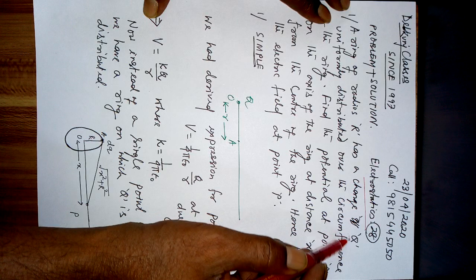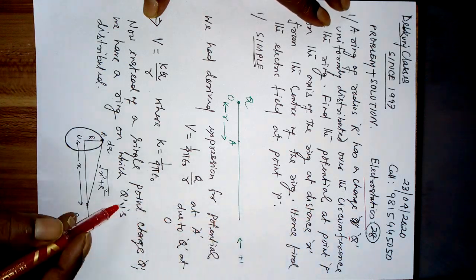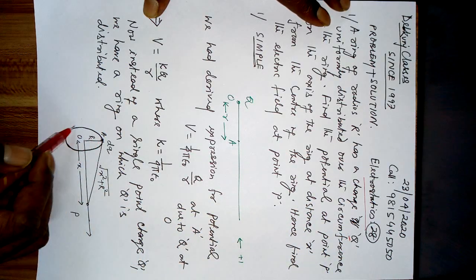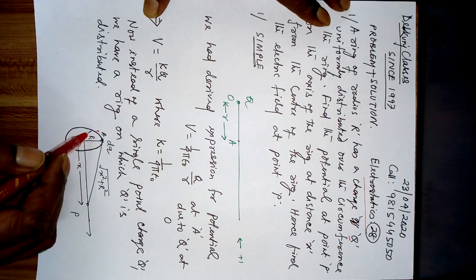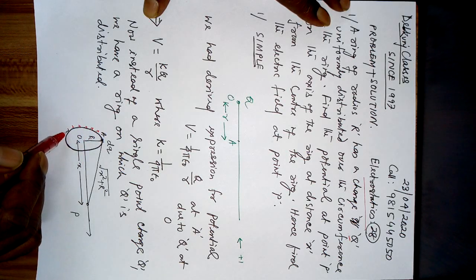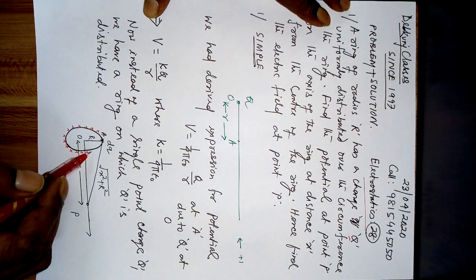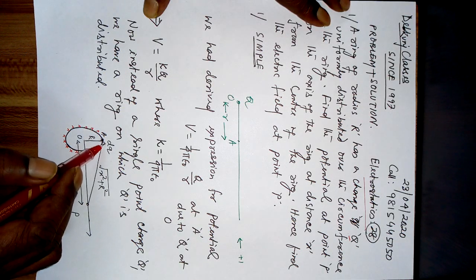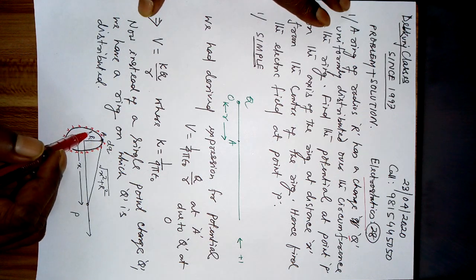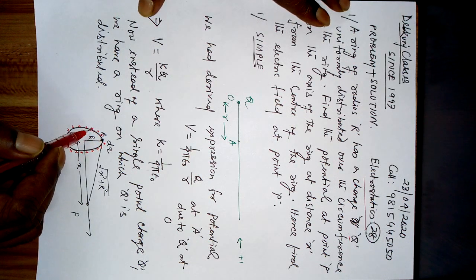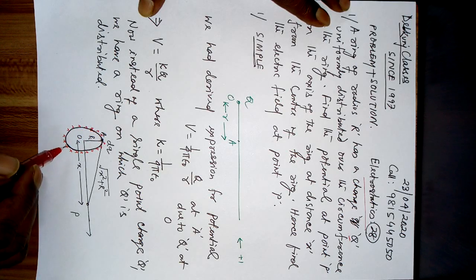It has a charge capital Q uniformly distributed over the circumference. On the circumference of this ring, charge is uniformly distributed. Uniformly distributed means if you consider 1 centimeter here, the amount of charge on it will be equal to the amount of charge on 1 centimeter of the ring at any other portion of the ring.